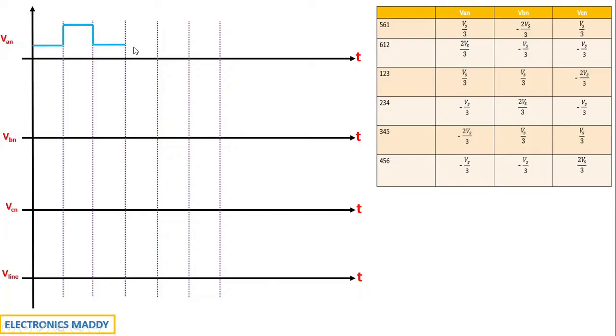Then it goes to minus Vs by 3, then to minus 2 Vs by 3, and then to minus Vs by 3. So basically you are getting the exact waveform with respect to this column. Vs by 3, 2 Vs by 3, Vs by 3, again goes to minus Vs by 3 and then minus 2 Vs by 3, and comes back to minus Vs by 3. So this is how we have to draw the waveform with respect to the table.